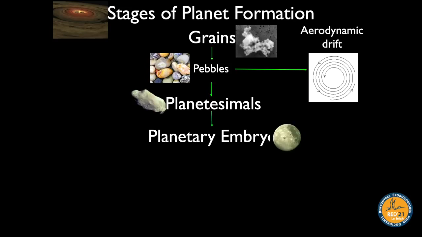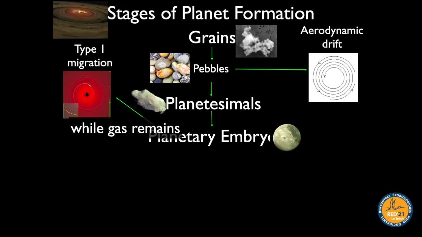Planetesimals can bash into each other or grab onto other pebbles that are sticking around and grow into planetary embryos or cores. While there's still gas in the disk, those cores also can change their orbits due to orbital migration. And when they're this size object, they're embedded within the disk, they launch these really pretty spiral density waves, and they can migrate around. It's called type 1 migration.